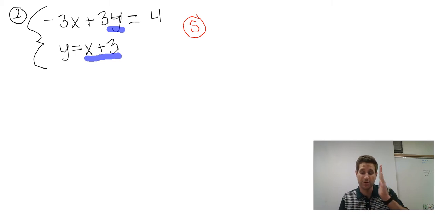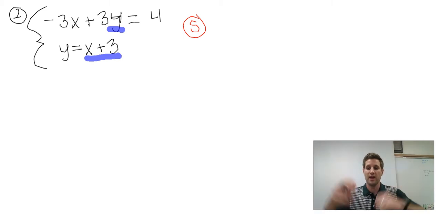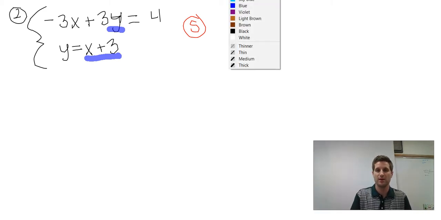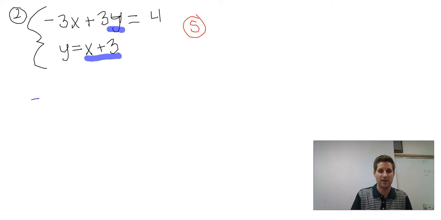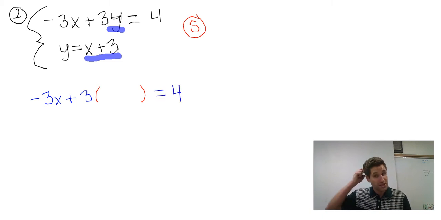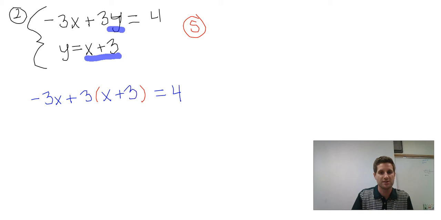So instead of the first equation writing a 3y, I'm going to write 3 and then plug in x plus 3. So I'm going to rewrite the equation, negative 3x plus 3, but I'm going to put parentheses, then finish it out, equals 4. I'm substituting what y will equal, and that's going to be x plus 3, because it says right there.